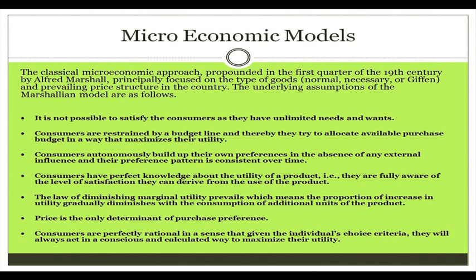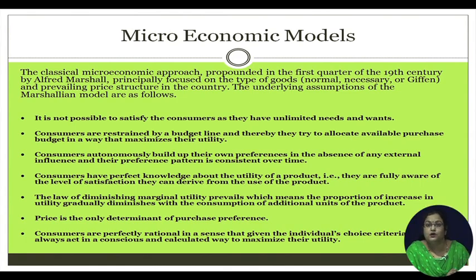Given good is like when the price goes up, the consumption of these items also goes up. When the price goes down, the consumption goes down. Now, why does this happen? I will just discuss meat and potato.